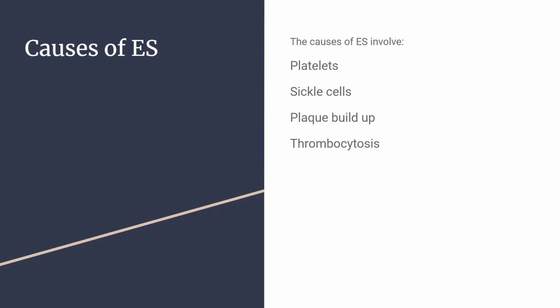Now, one of the rarest conditions or actions that the body does is that white blood cells, whenever they travel around the body and find plaque buildup, can release chemicals in which platelets are activated and start attaching to the plaque, making more obstruction for cells to travel throughout the body.